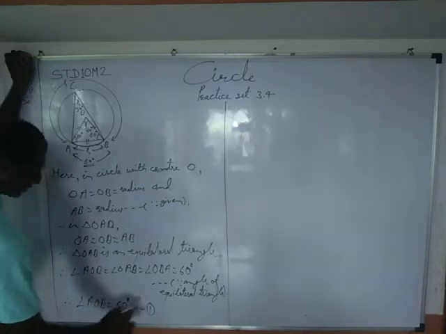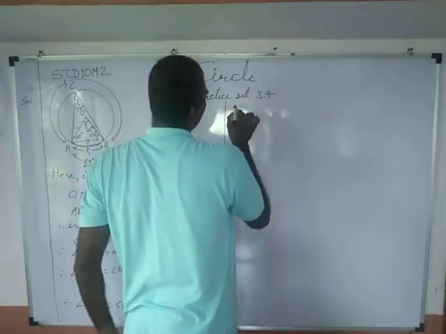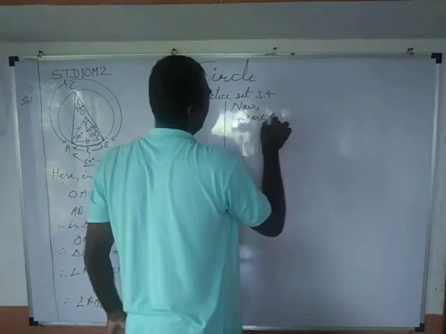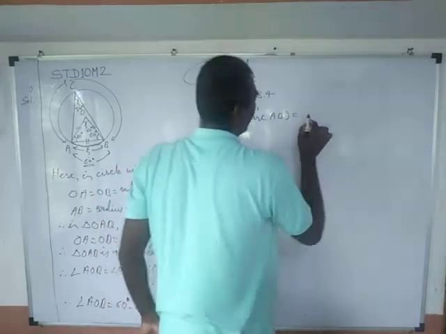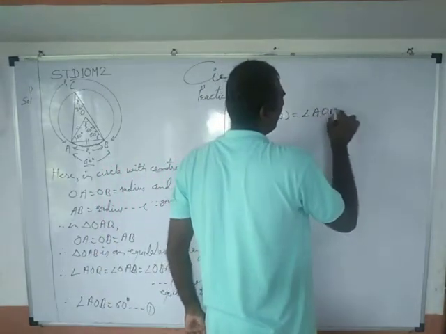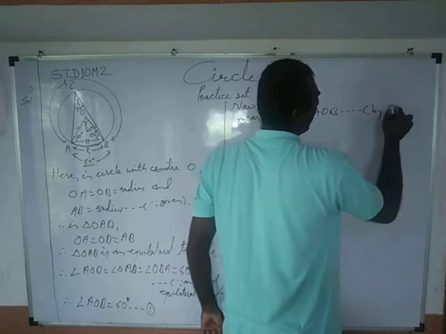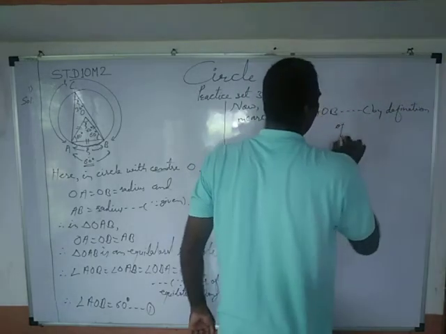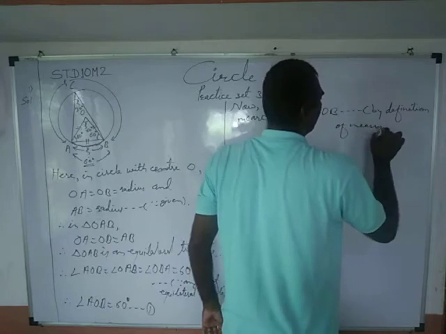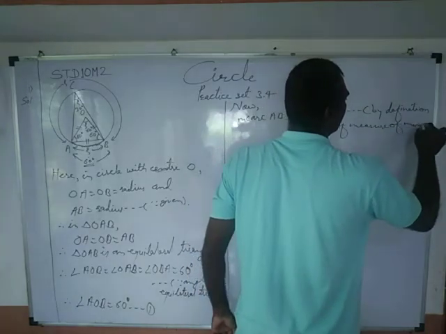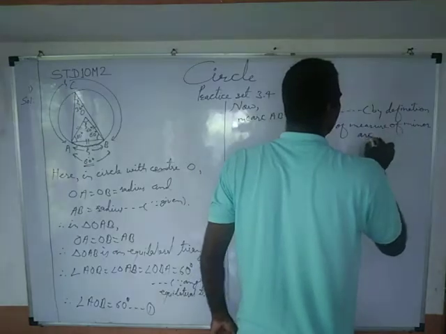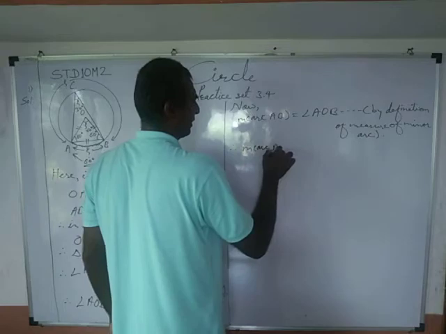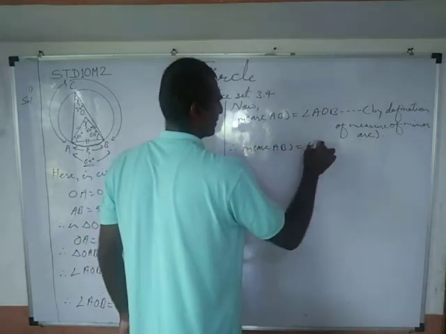Let's call it equation first. Now, measure of arc AB equals angle AOB by the definition of the measure of a minor arc. Therefore measure of arc AB equals 60 degrees.